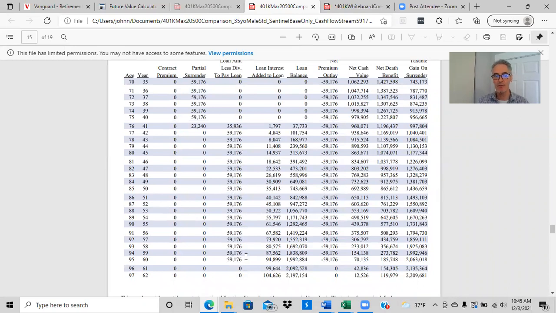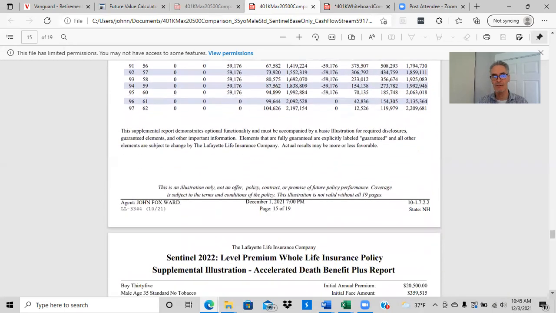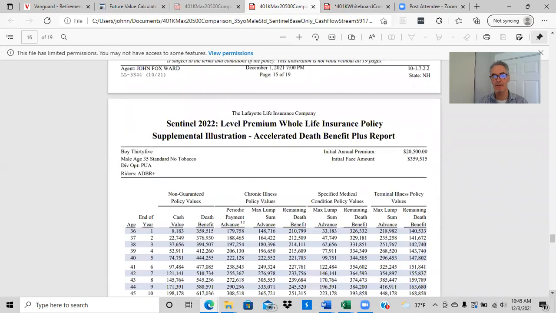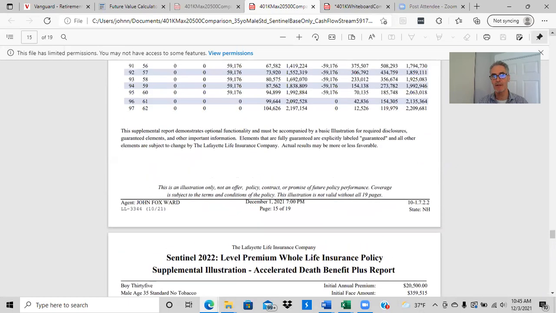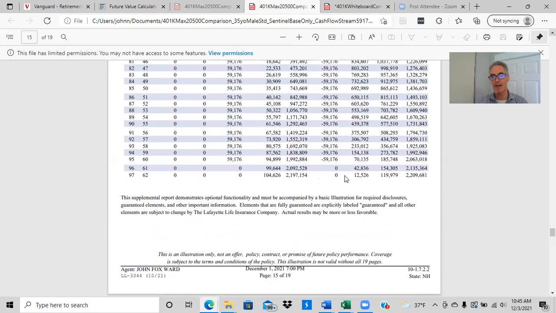So 59,176. Scroll down and eventually, right, it's gone. So there is a little bit of money left. This is your cash value at 97, but if you passed away, we're just showing 59,000. So that's how I came up with that.